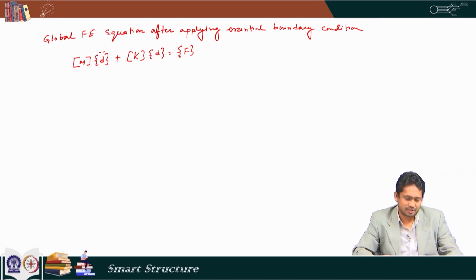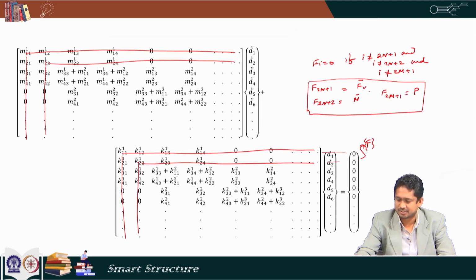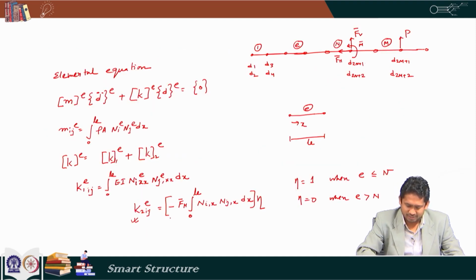So, if we solve this equation, we will get our d, but here again we have to understand a few things. The components of the force vector, if we go back, which are F bar, M bar and P, and also in the K2 matrix we have F h bar. P is the externally applied load.